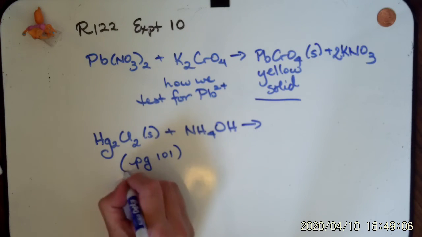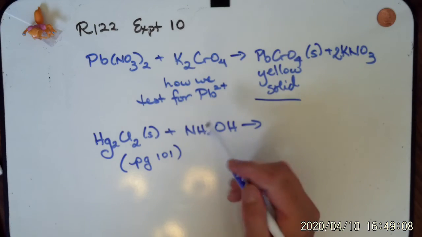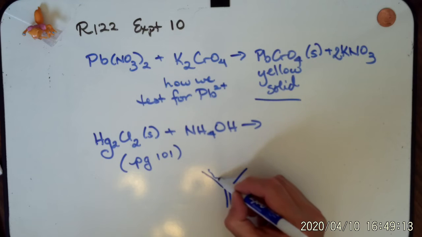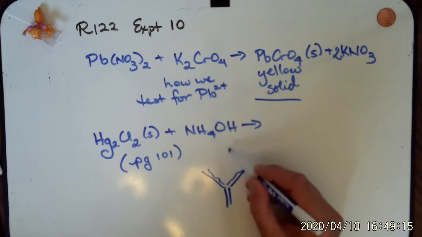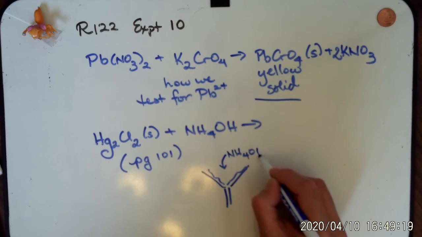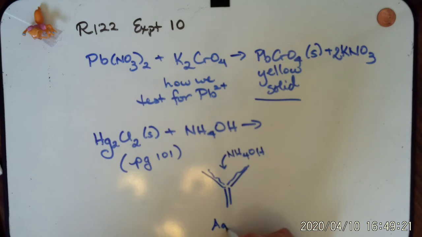What happens is, in our filter paper, when we add in the ammonium hydroxide, we dissolve my silver chloride, and you're going to get your silver ammonia complex.